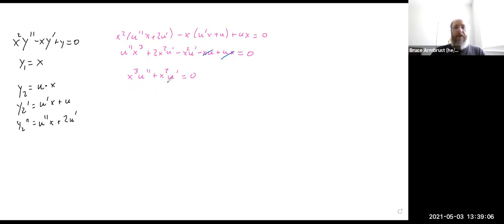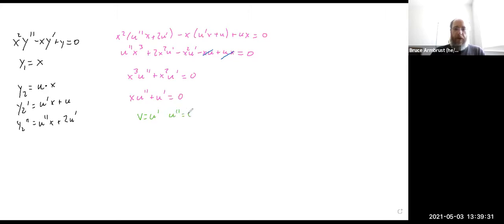So let's divide everything by x squared just to make life easier. So we get x u double prime plus u prime equals 0. And I'm going to change these because I know seeing them as u's you may not like. Let's call v is u prime.